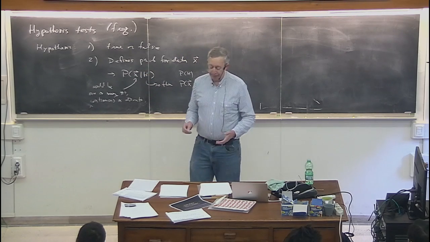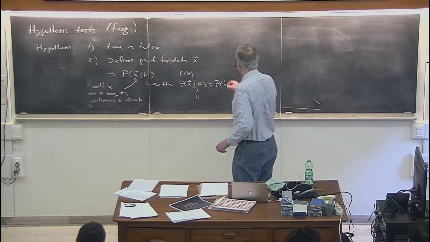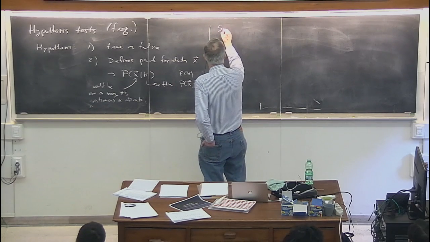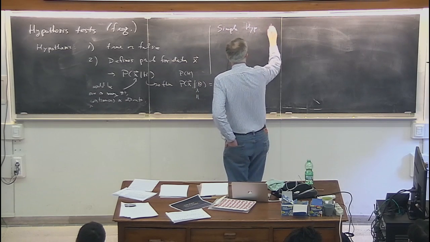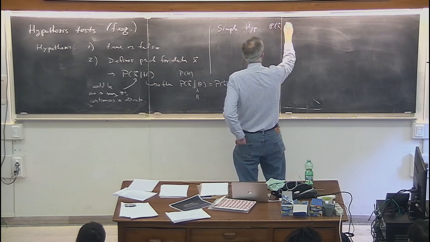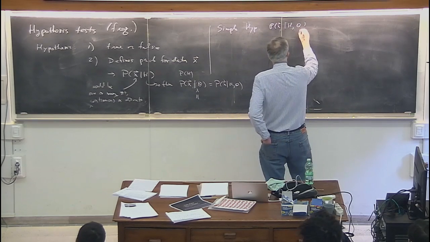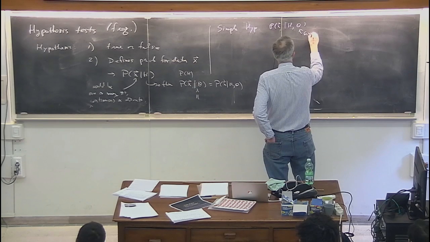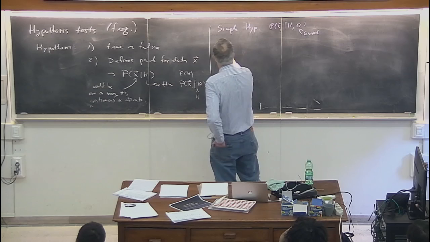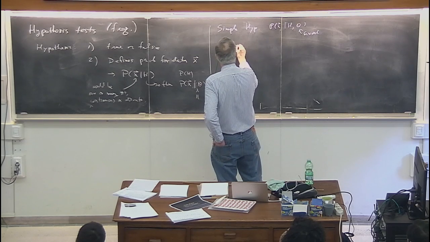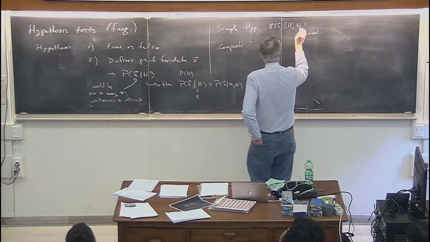Now, I should be more exact in my vocabulary. We should distinguish between a simple hypothesis, and that would mean that this rule is completely specified, and this is then, say, fixed to a single number. And then I could have, for example, what I call a composite hypothesis. And then I would say that maybe I shouldn't write theta here.